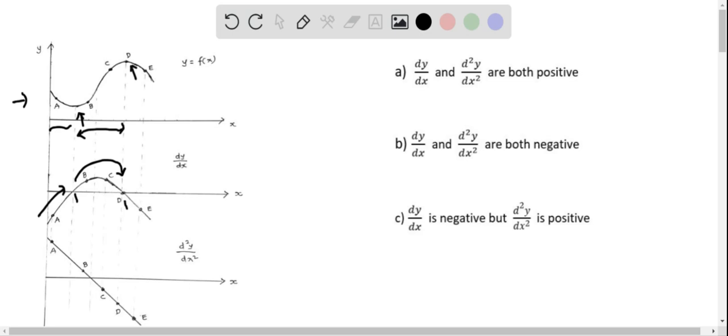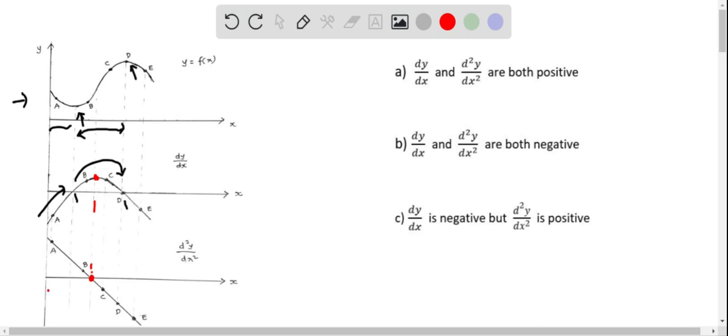Now considering the graph of the second derivative, all that we have to look at is this point. At this point the slope of the first derivative is itself 0. So correspondingly I have marked this point, and to the left of this point the slope of the first derivative, which in fact is the second derivative, is positive.